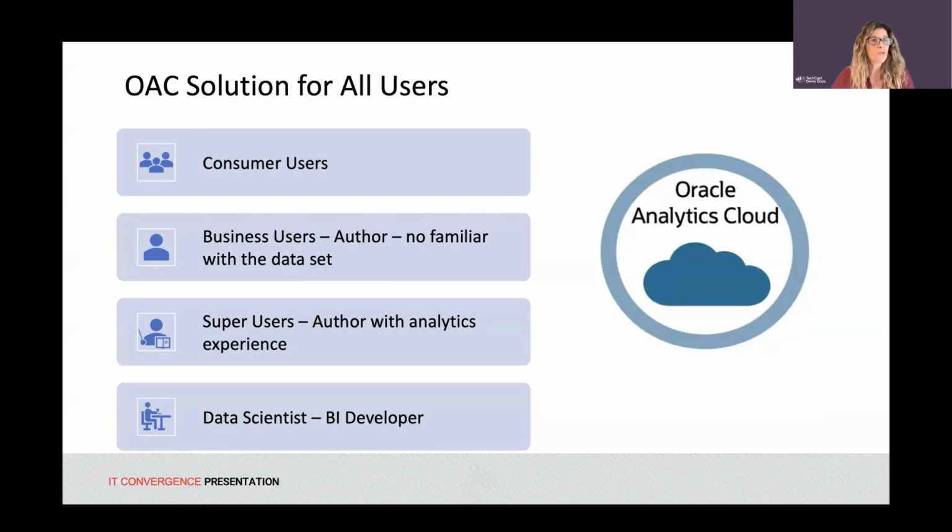And then you can have some super users, the guys who master Excel, they can do whatever, and they can be more related to the concept of citizen data scientist. And then you have the IT people, the data scientist, the BI developer, and all of these users can take advantage of using OAC, and they can have their own benefits and their own set of features that can be used in OAC.